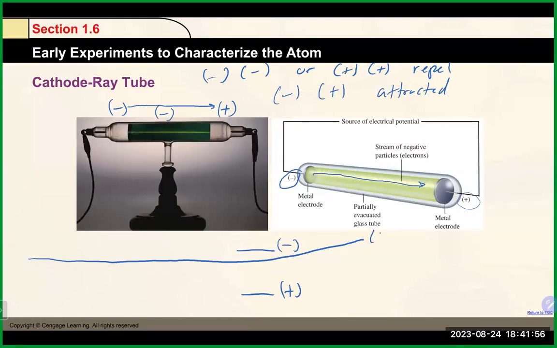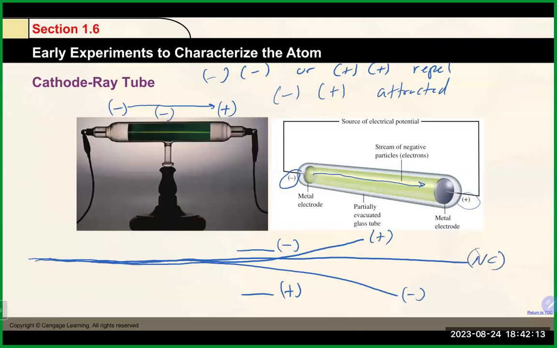The positive charge, right? Because it's attracted. Just like if I shot it and it bent towards the positive side, I could make a pretty good guess that it would be negatively charged. And if I shot it and it pretty much sailed right through, that's going to be something that basically has no charge associated with it.